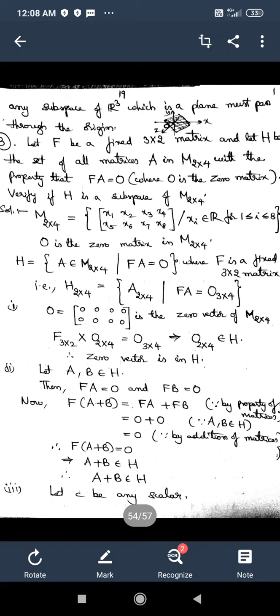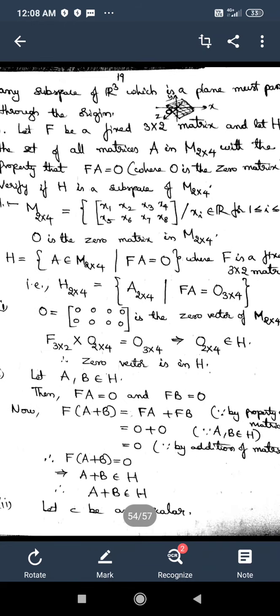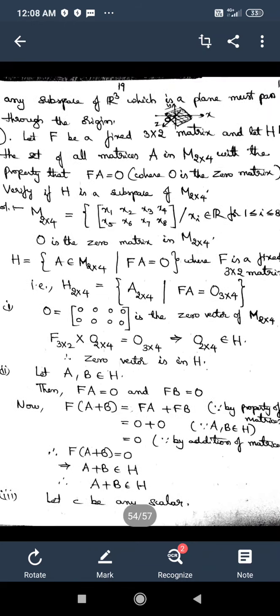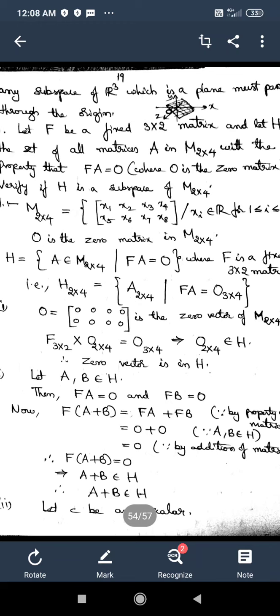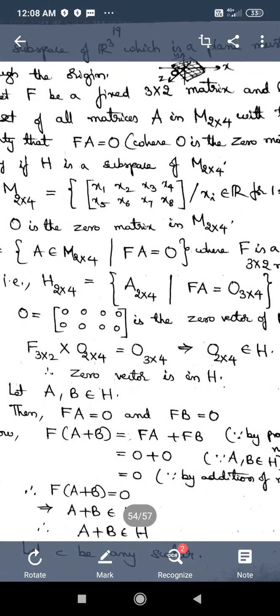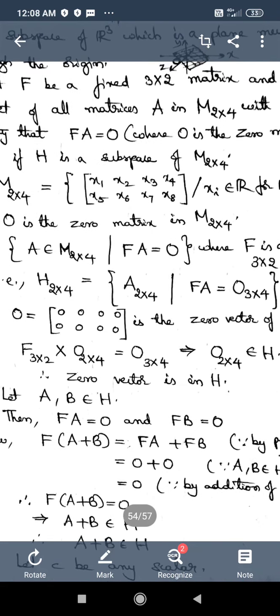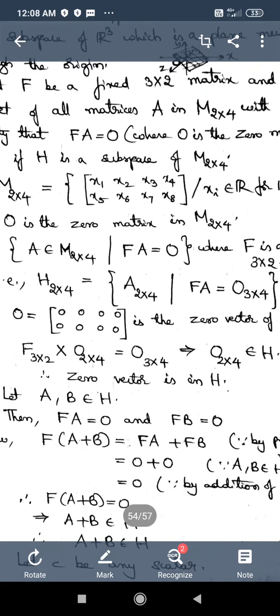This O, which is an element of M2 by 4, can be treated as a vector of M2 by 4. It satisfies the condition FA is equal to O, where in place of A I now take O2 by 4, and see that F3 by 2 times O2 by 4 again gives the 0 matrix of order 3 by 4, denoted by O3 by 4.